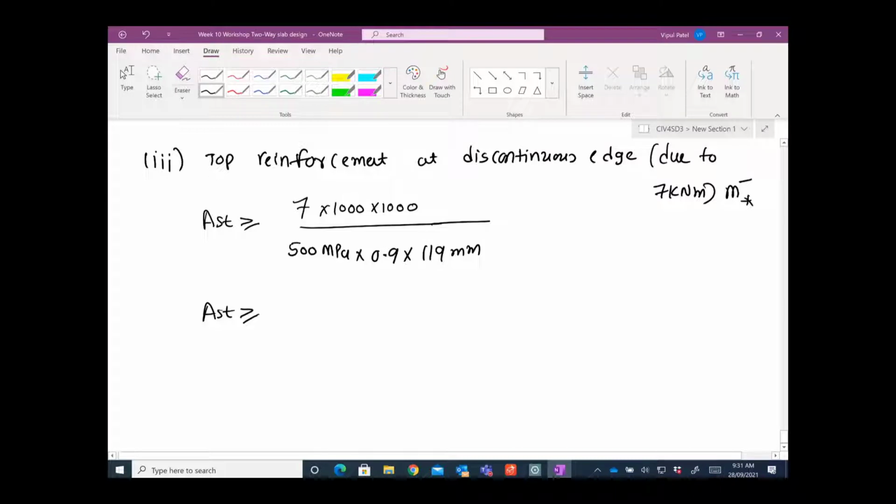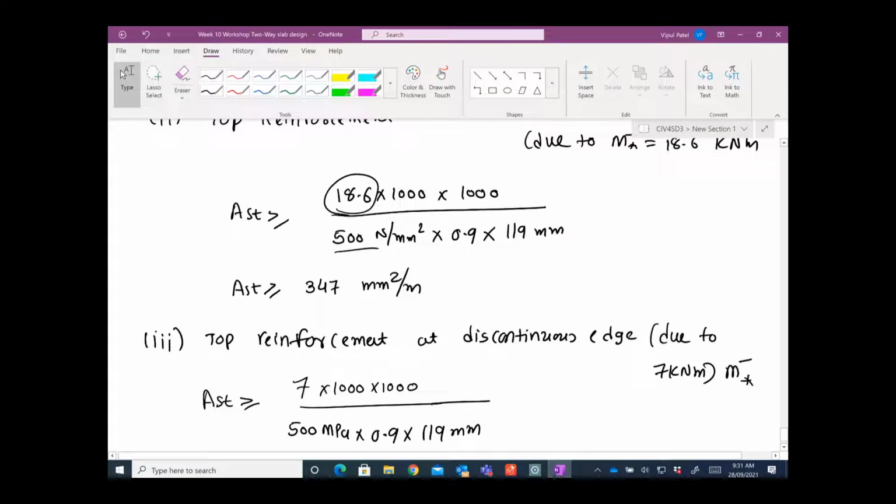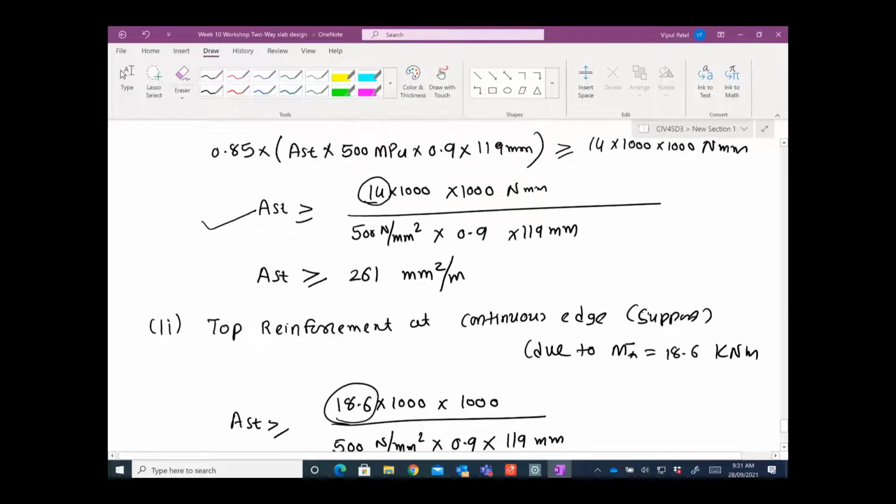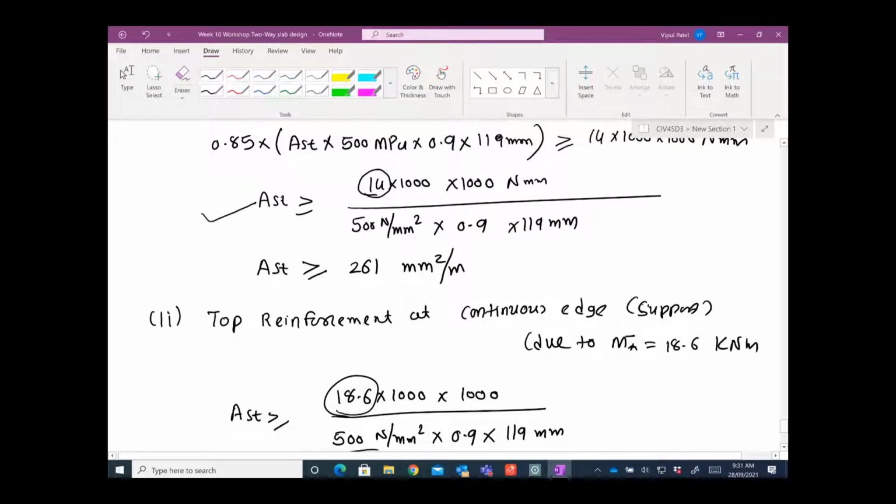If you don't understand anything, just tell me, okay? 131 millimeters square per meter. So now we found three different reinforcement. Let me check. 326 was right.